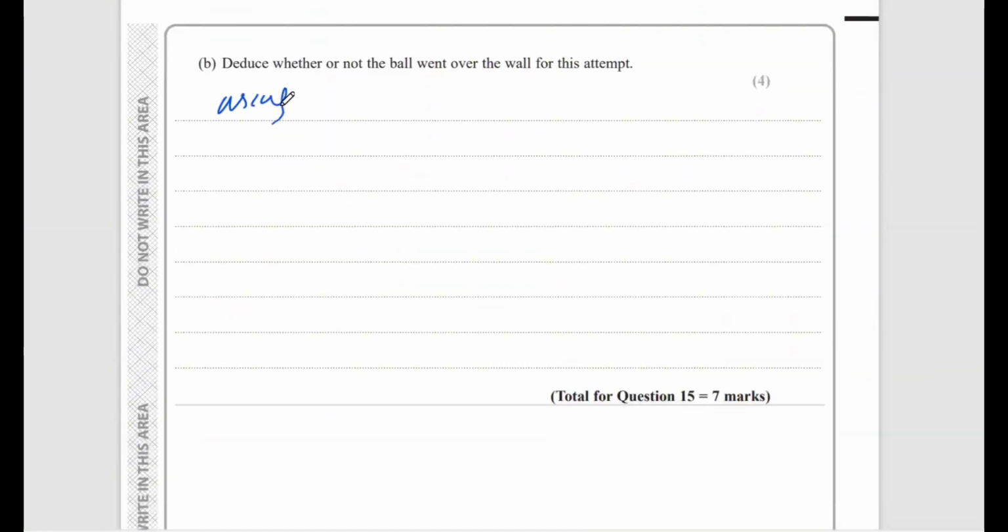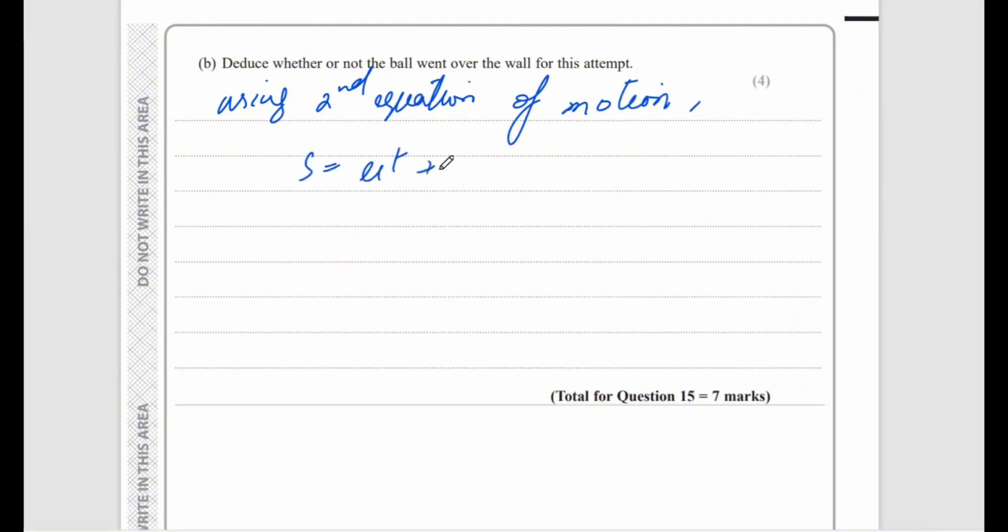Using the second equation of motion, that is S equals ut plus half at square, right? Everybody knows that, so we have to calculate S. First of all, the initial vertical component of velocity is u sine theta, times t, right?